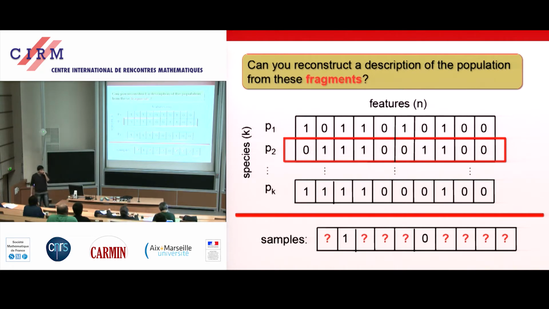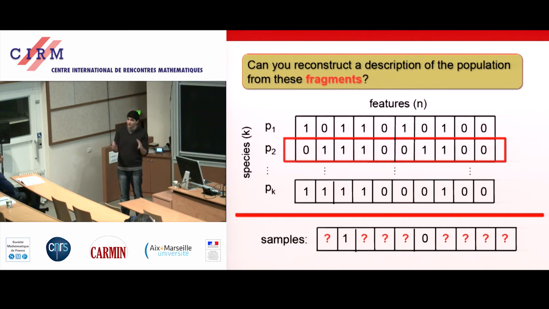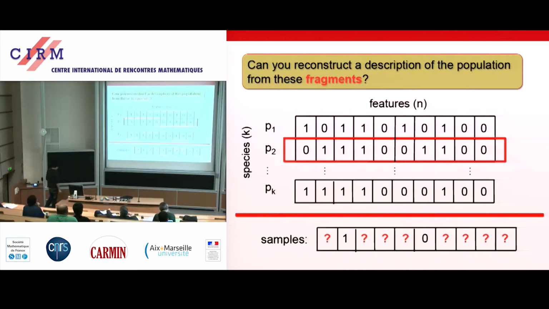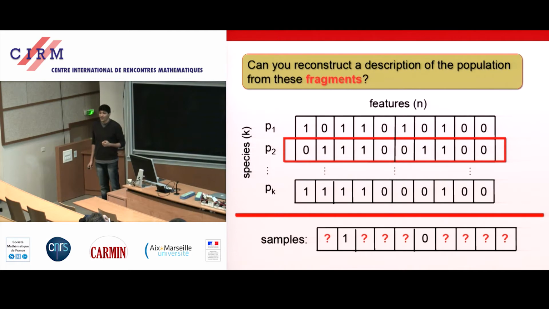What will be important for this talk is that you actually know when something is deleted, so you see a question mark there instead of a 0 or 1. But in some places you don't see a question mark and you really do observe the feature. To make this problem a little bit stylized and easier to think about, you think about these as independent deletions. So the interesting thing is, what happens if you end up deleting 99% of the coordinates randomly?